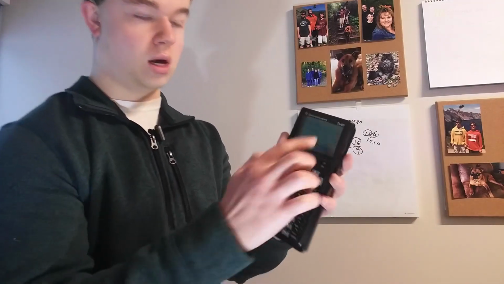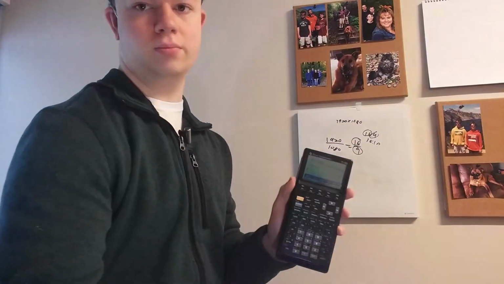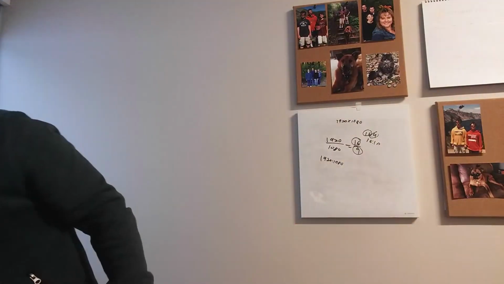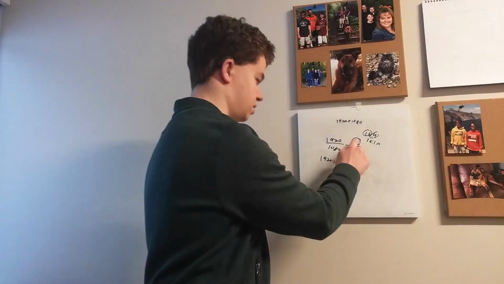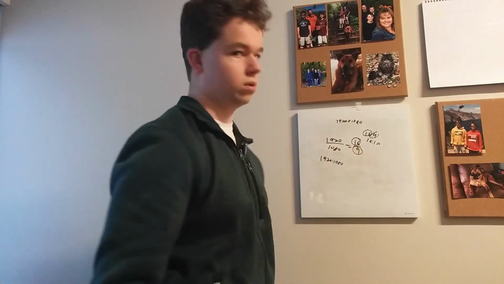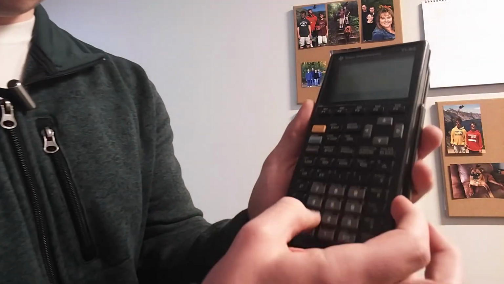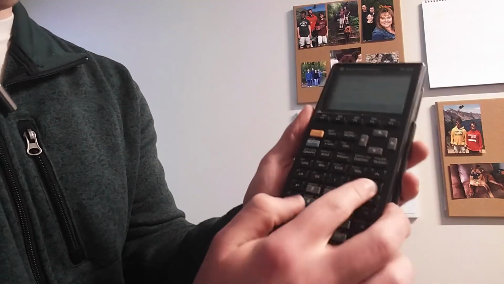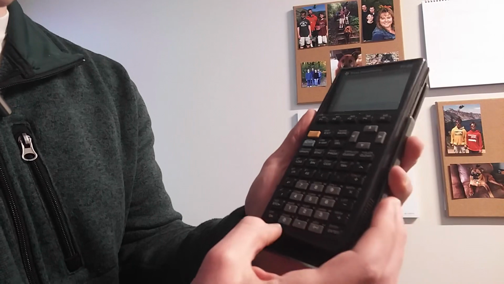But that 1.778 that you saw, if you convert it to a fraction, it's always going to convert it to the fraction in simplest form. So 16 and 9 is essentially 1920 by 1080 in simplest form. If I enter 1920 divided by 1080, I can either have it as a fraction, or I can convert it to a decimal.